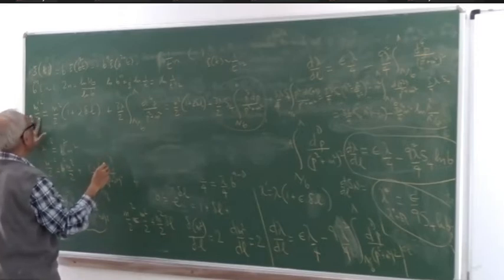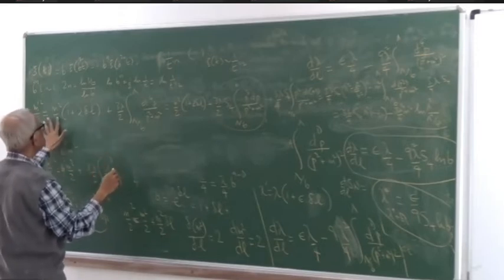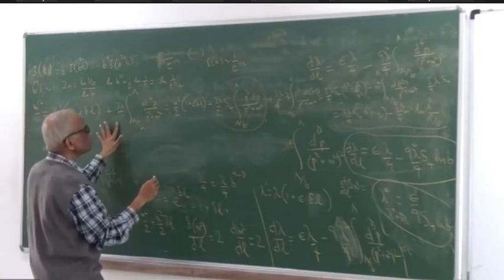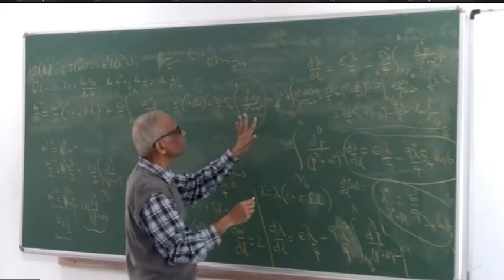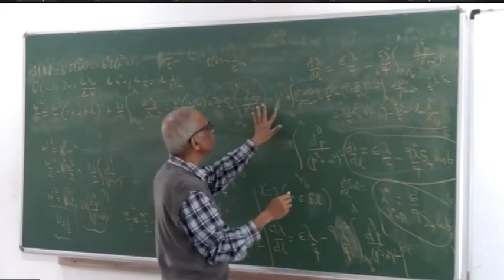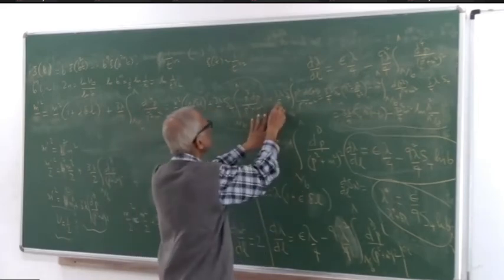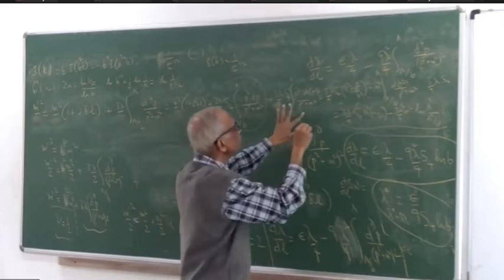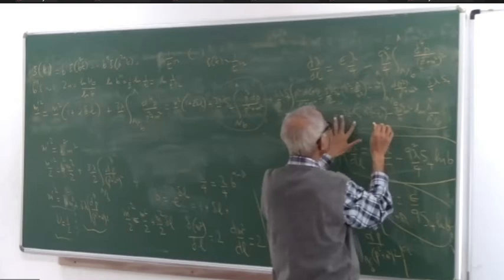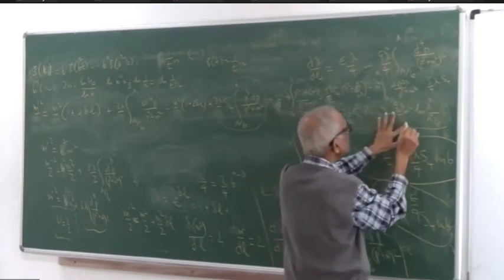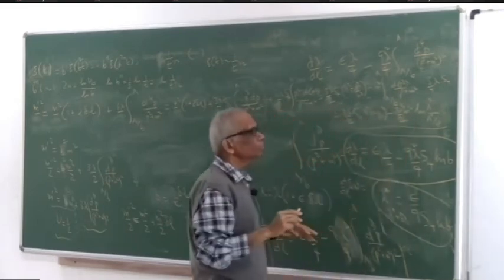So I get rid of the 2 from here, the 2 from here, the 2 from here, the 2 from here. This becomes a 2, and then this becomes a 2, and this becomes a 2. Correct?